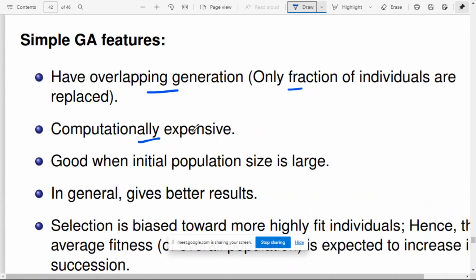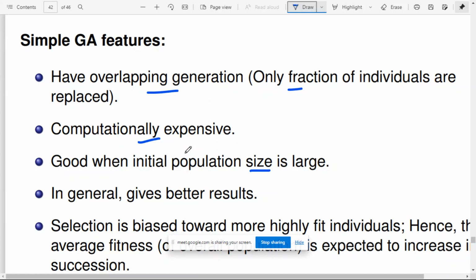So it is computationally expensive, but the algorithm will perform well when the initial population size is large, because then it is highly likely that you can identify individuals with good fitness scores.